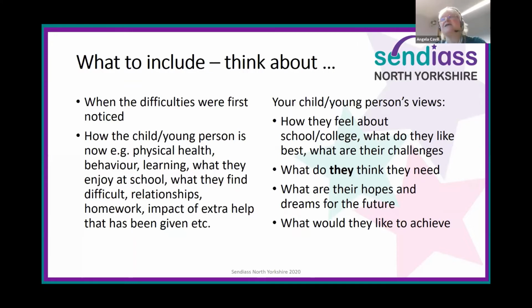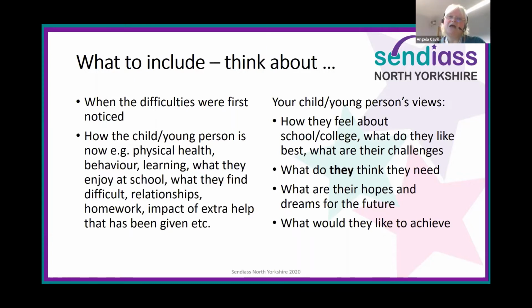It's really important. I know it's difficult for some children, it's difficult for some adults, isn't it, to say what we need, but nevertheless it's important to try to encourage the child to say what they think they need, because sometimes they have some very useful insights for us. We need to think about their hopes and dreams for the future. Where a child has an EHCP, we often say that the child's aspirations and hopes for the future should run like a golden thread throughout the EHCP.